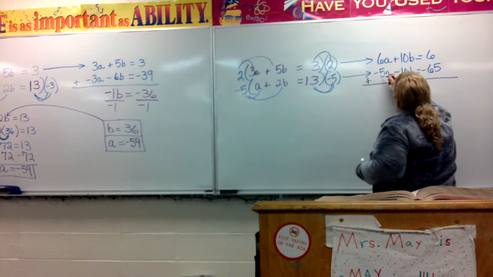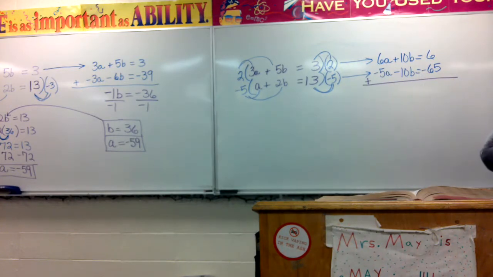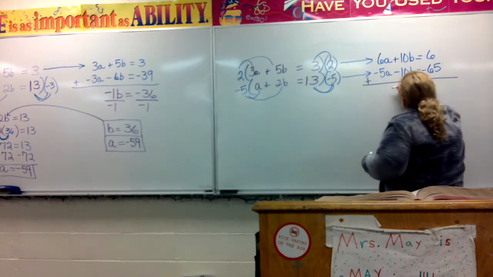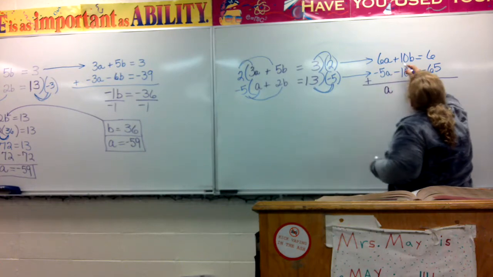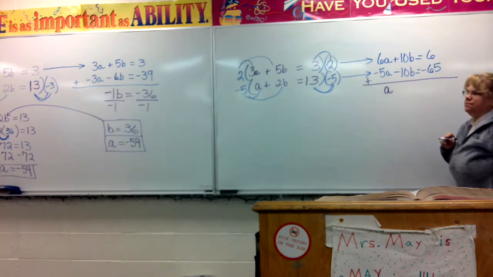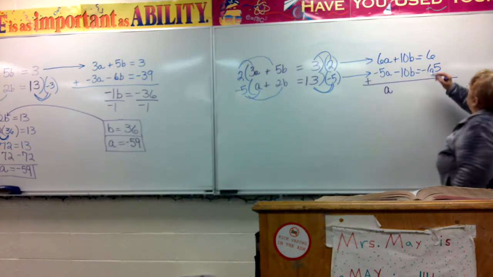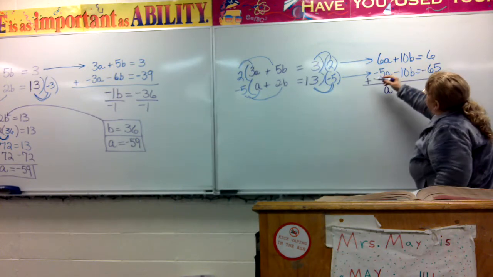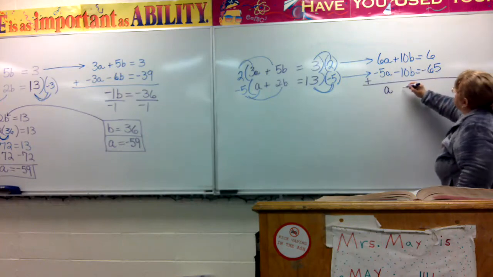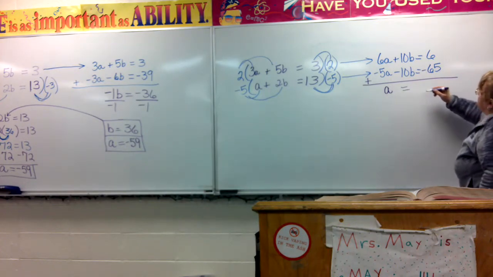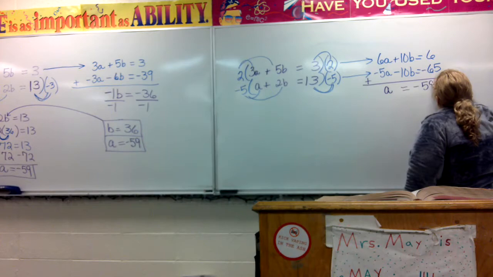What's 6a and -5a? 1a. What's 10b and -10b? Nothing. No b's, right? Drop out. What do I get if I combine 6 and -65? -59. Am I done? No.